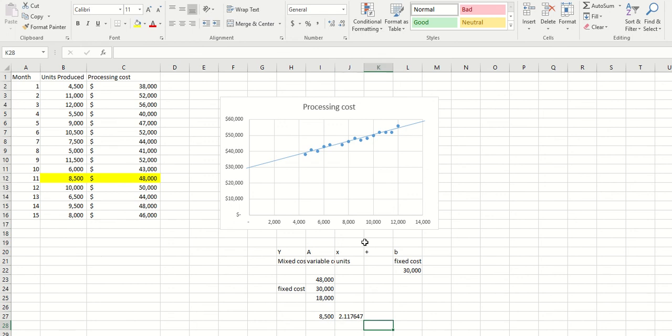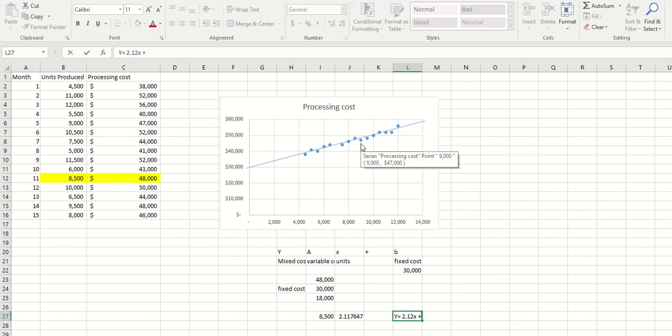And so my final equation will be y, our mixed cost, equals 2.1, maybe 2.12, we can round off, x. So depending on how many units I produce, it'll be increasing about 2.12 over 1, our slope, plus our 30,000 fixed cost. Yep, and that's the quick and dirty method.